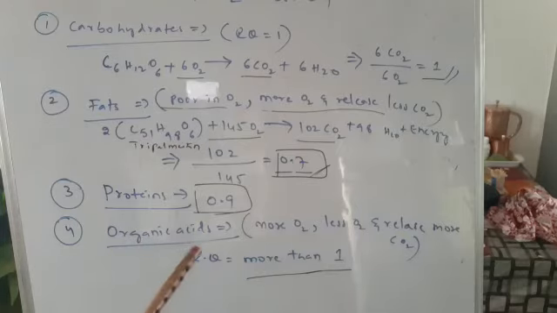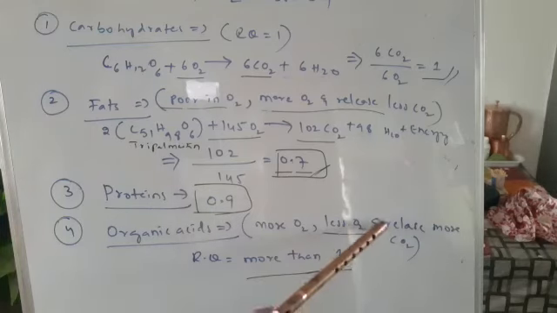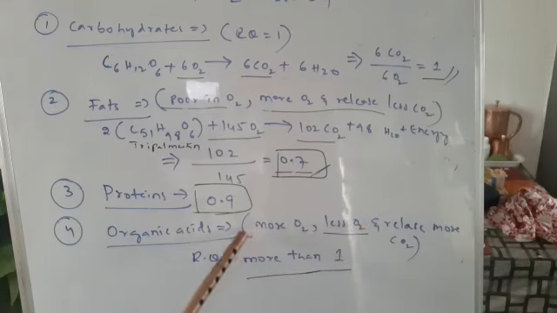Because organic acids are rich in oxygen. For respiration they require less oxygen. They use very little oxygen and release more CO2. Because of these characteristics, the RQ value will be more than 1.